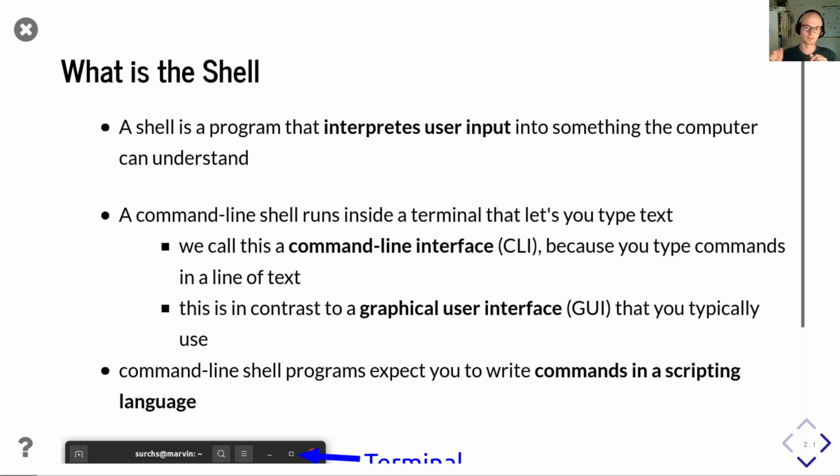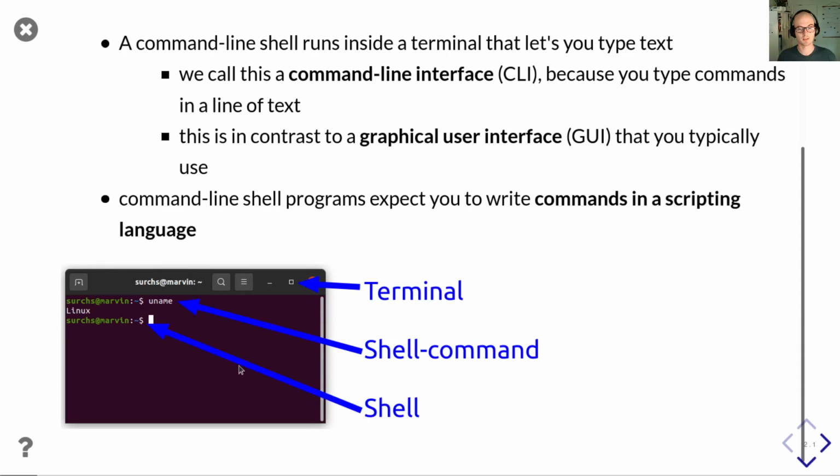That's why we call it the command line interface. There are also graphical interfaces that you're probably familiar with, but we're not talking about today. And when you type these commands, the command line, or the shell, expects you to write them in a scripting language, that is a shell scripting language. Right, and this is typically what you will be seeing.